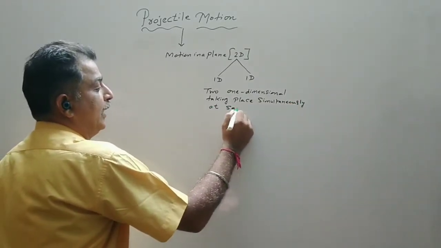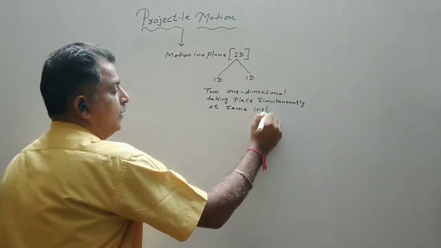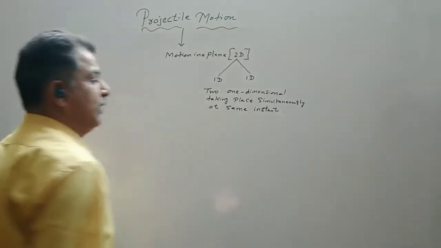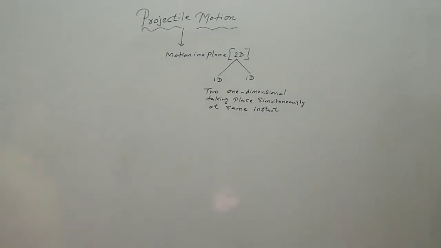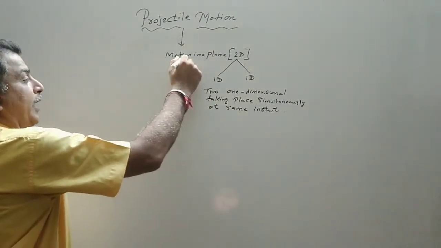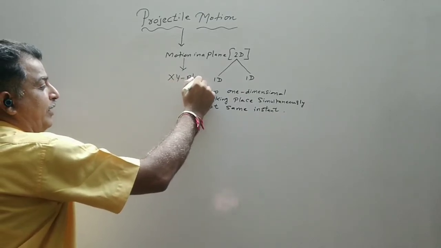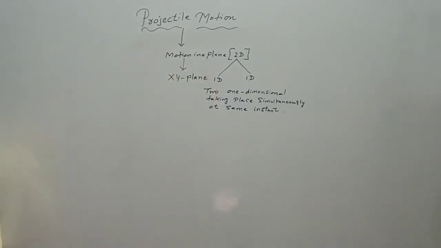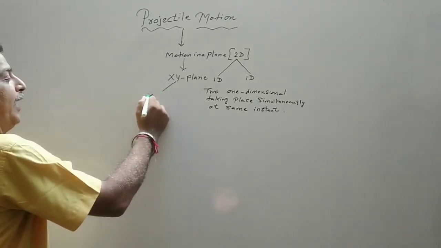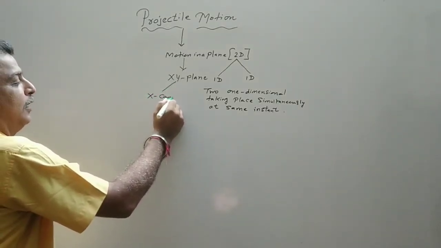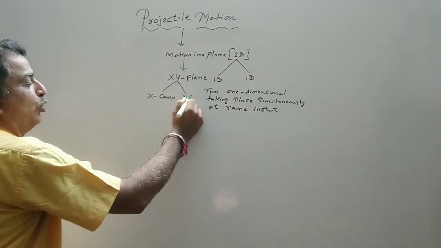at the same instant. So let us assume that this motion is in a plane, that is an xy plane, so I will resolve its quantities, which are vectors, into an x component and a y component.